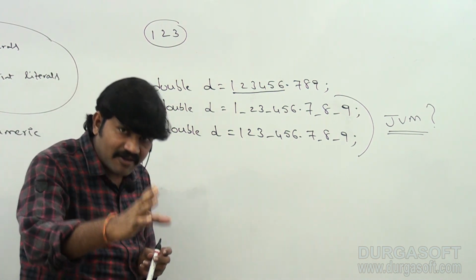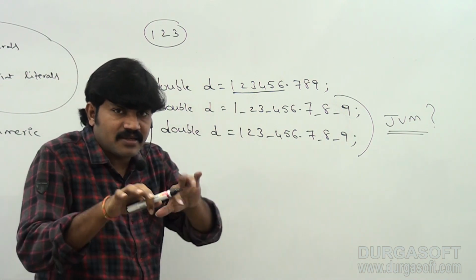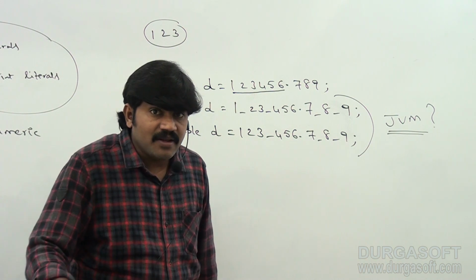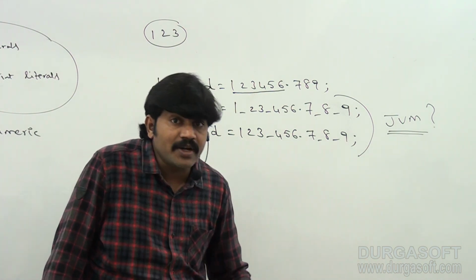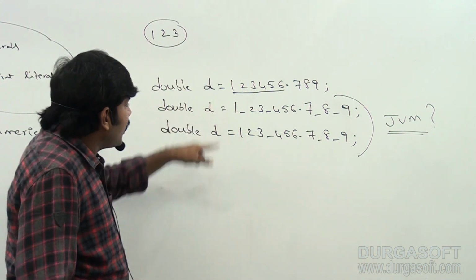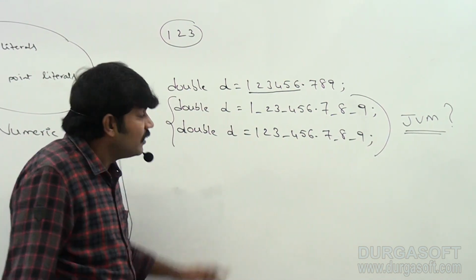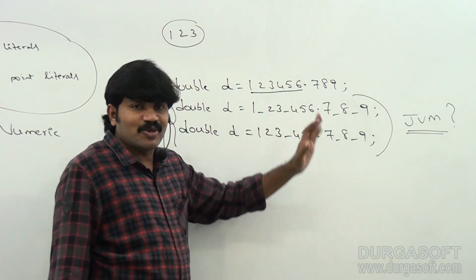The point here is very simple. Readability is required only in the source file, meaning the Test.java file. In the .class file, readability is not required because no one is going to open or read the .class file. That's why at the time of compilation, the compiler will remove these underscore symbols.